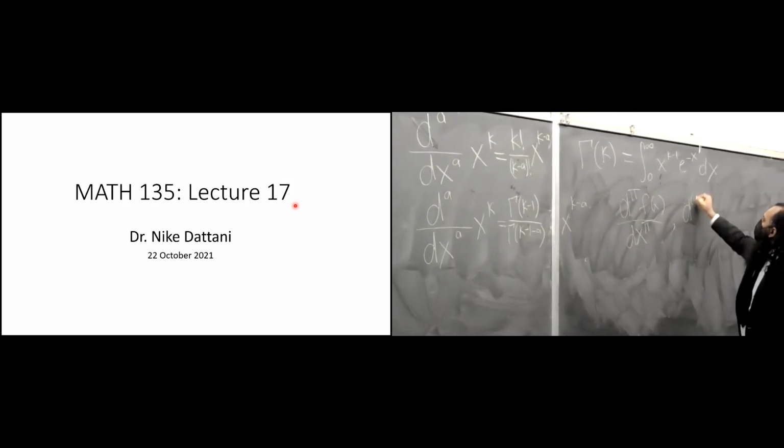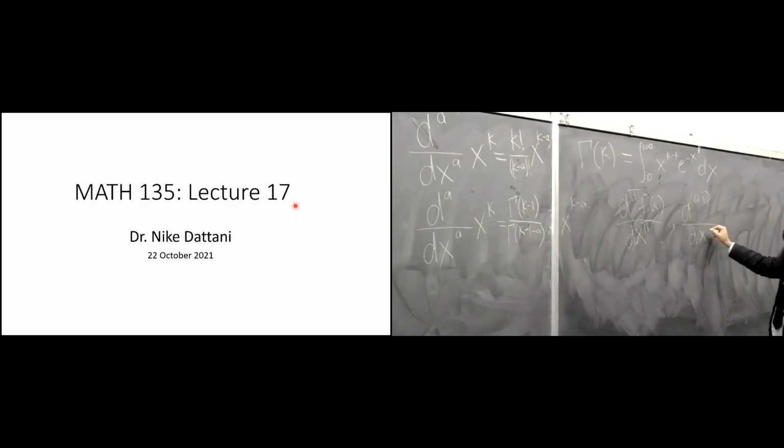So now you have the a-th derivative of x to the k, where a doesn't have to be an integer. You could now have the pi-th derivative of the function, or the 1 plus square root of -1 derivative of the function.